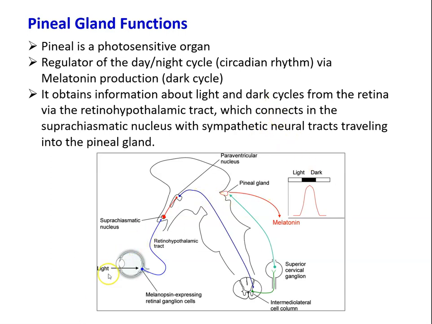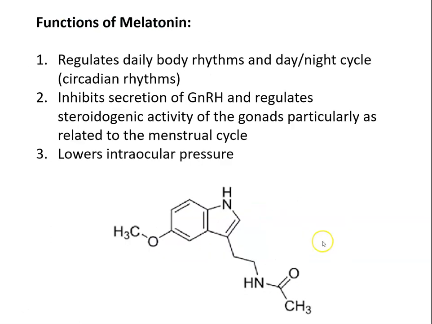Here you can see when light comes into the eye and strikes some of those ganglion cells, and those connect at the suprachiasmatic nucleus, down, and then back up to the pineal. So what does melatonin do?